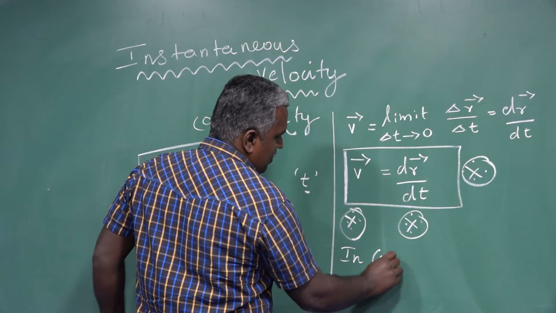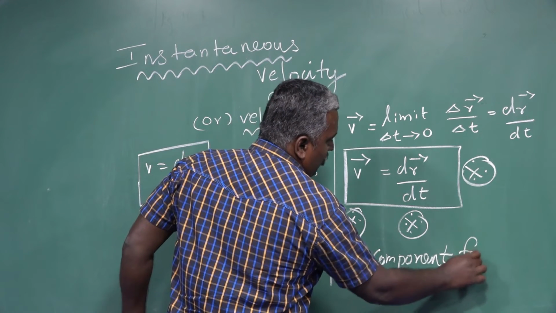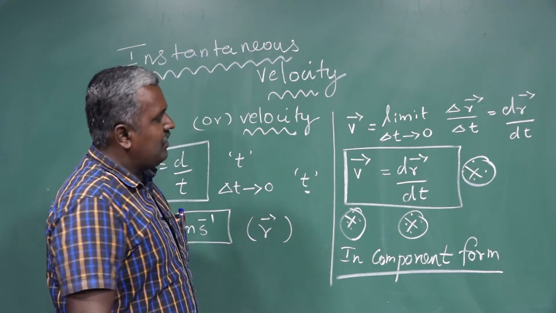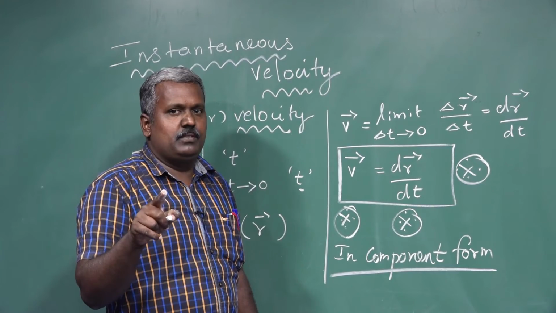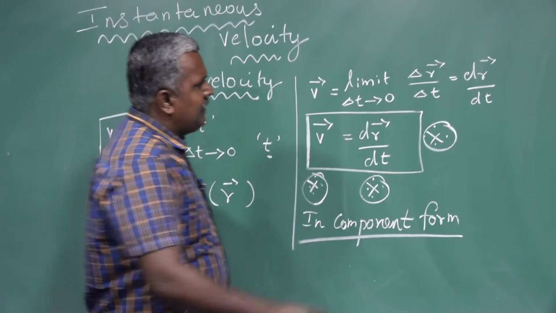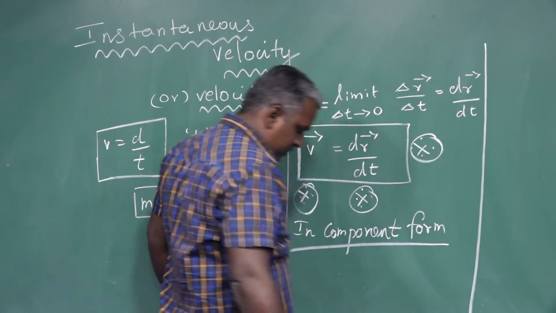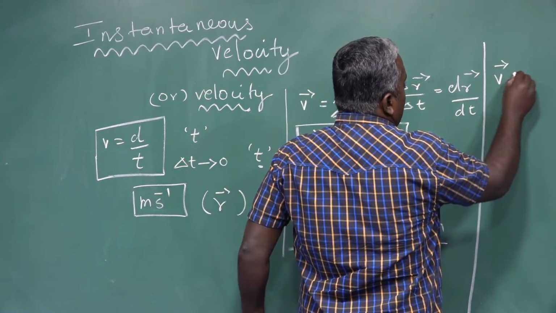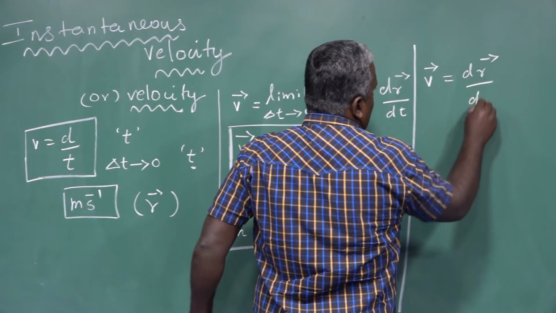Okay, then in component form. What is component form? Components of a vector, already you have studied about this also in last class. So in component form, V vector is equal to dr vector by dt, the basic formula.